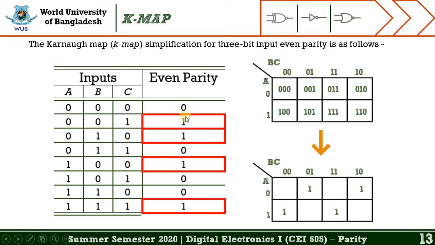In the truth table, I have also marked in red the entries which have even parity 1. So we indicated just the 1s in the bottom right K-map for writing our Boolean function in the next slide, which will help you understand how we can write the Boolean function from the truth table as well as from the K-map.